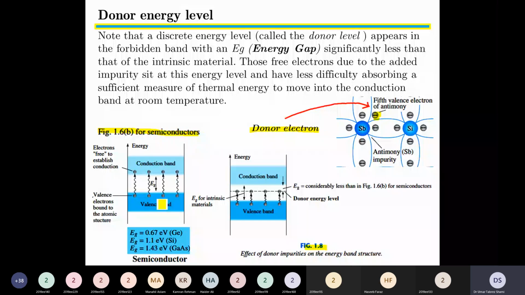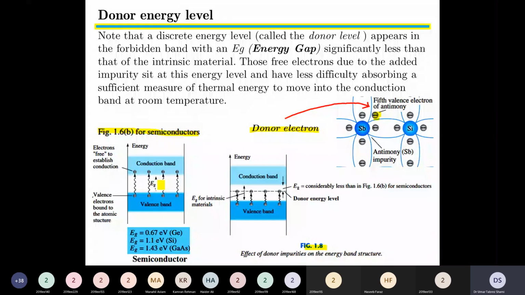In intrinsic material, the energy gap is large because there is no available electron. So we have to give a much larger energy for the electron to break its covalent bond and enter into the conduction band.